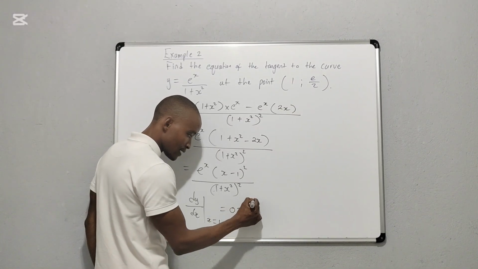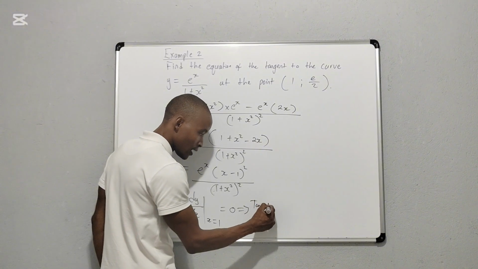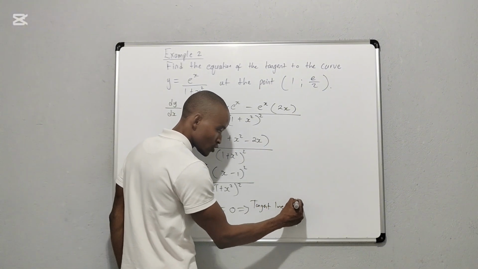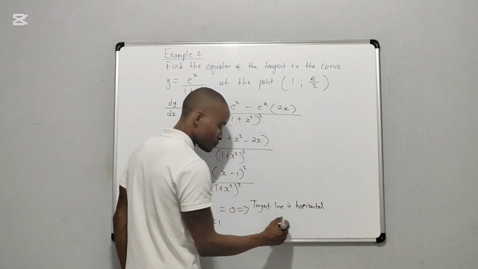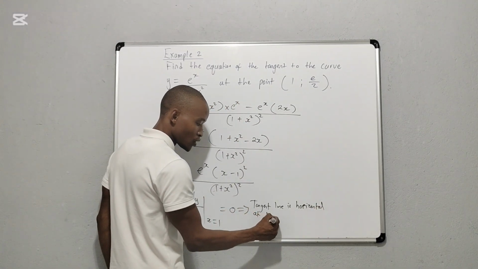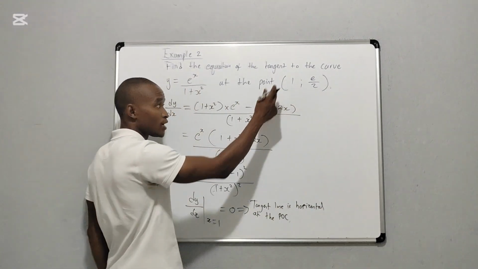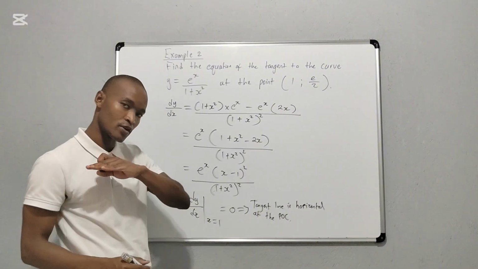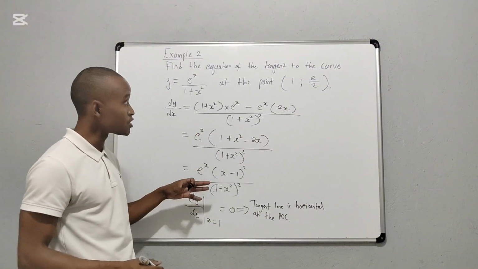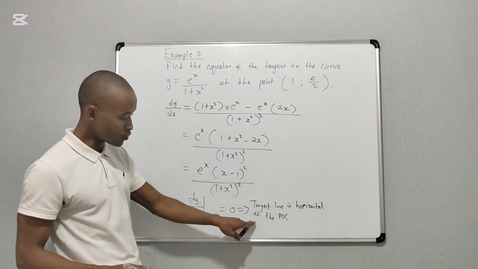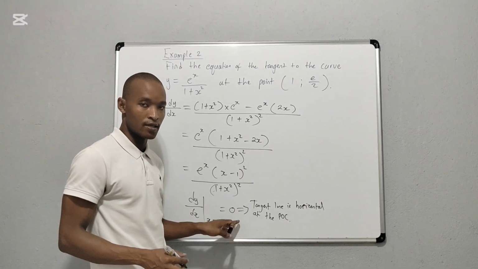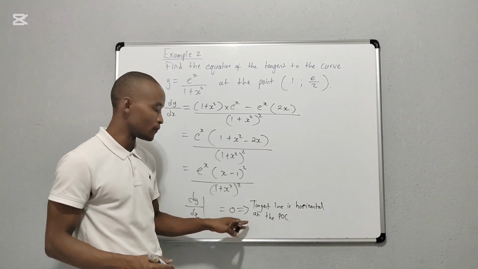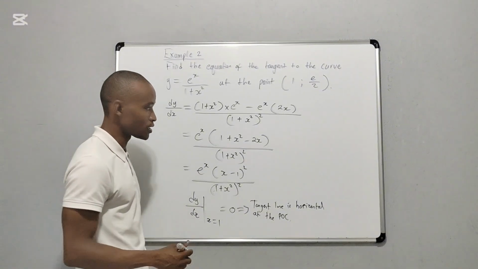This tells us that the tangent line is horizontal at the point of contact. Okay, so it's a horizontal line. You don't have to sketch this curve, but this is what we deduce and understand by getting a gradient of 0 with respect to the tangent line.